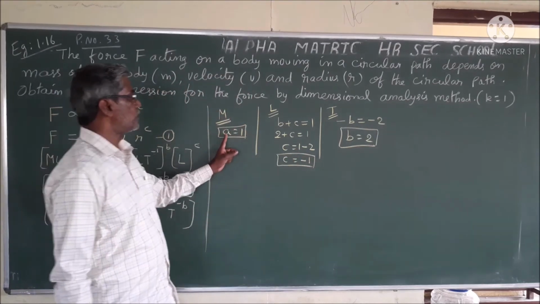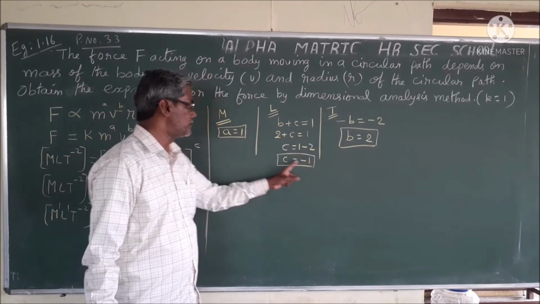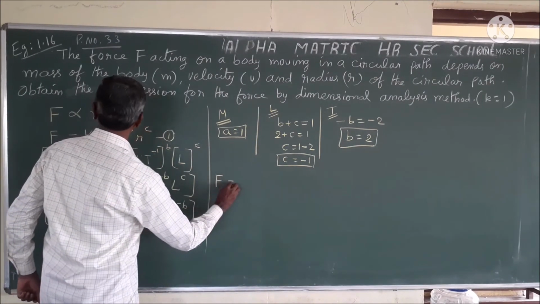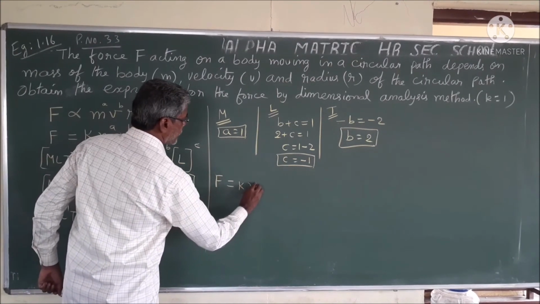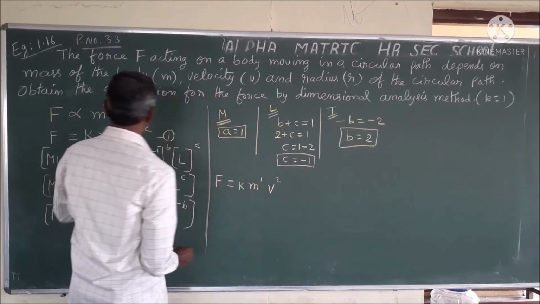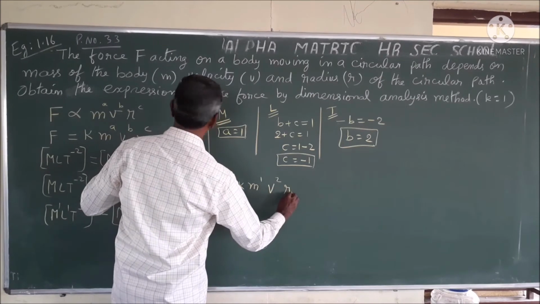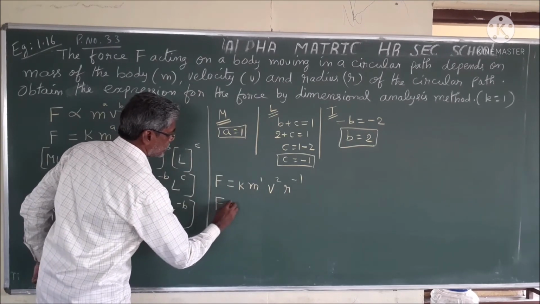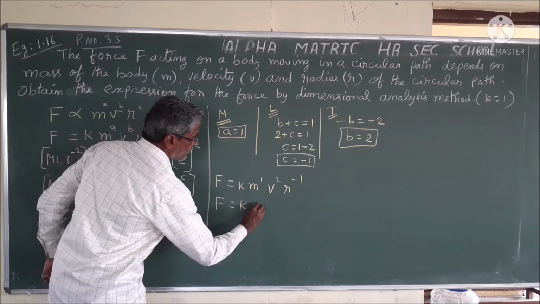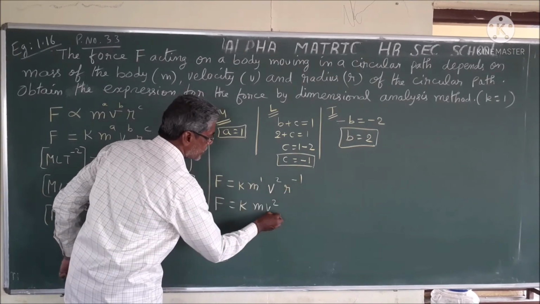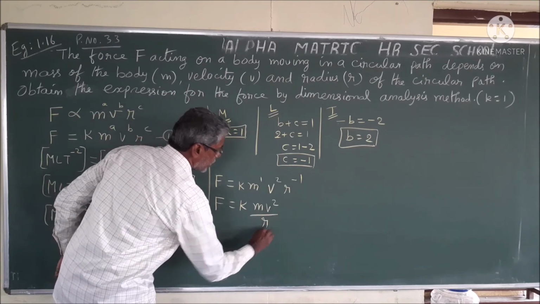Now we substitute the values of a, b, c in equation number 1. So F is equal to k m power 1, v power 2, r power minus 1. So F is equal to k m v square, r power minus 1 goes to the denominator, so it becomes r.